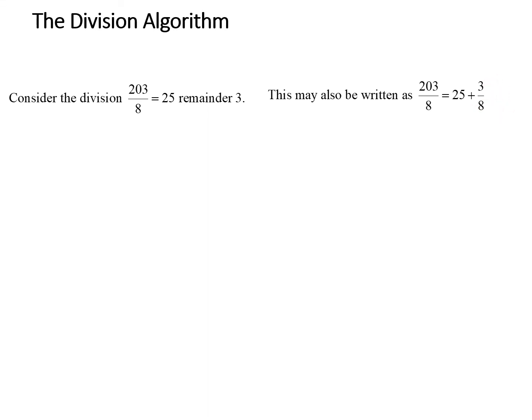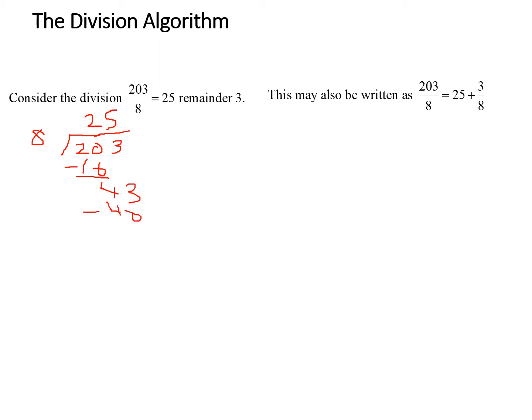So in this case, when you first started learning division, it simply means 203 divided by 8. You get 16 here, 43, and this is 5, 40.